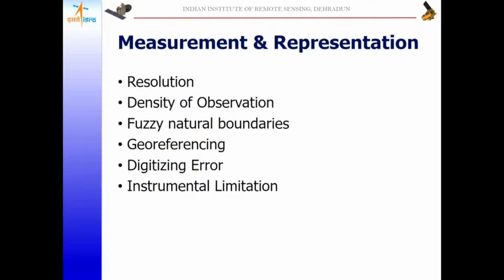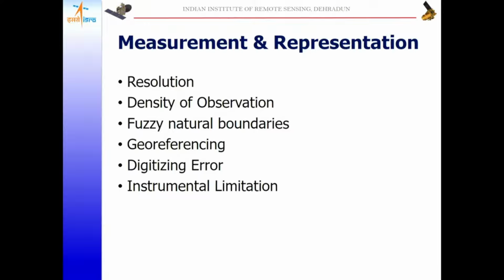Then, measurement and representation wise, we talk about the resolution, at what resolution we are using the maps, then the density of the observations, how many data points we are collecting for our application purpose, then fuzzy natural boundaries, where we have to consider fuzziness, and then georeferencing.